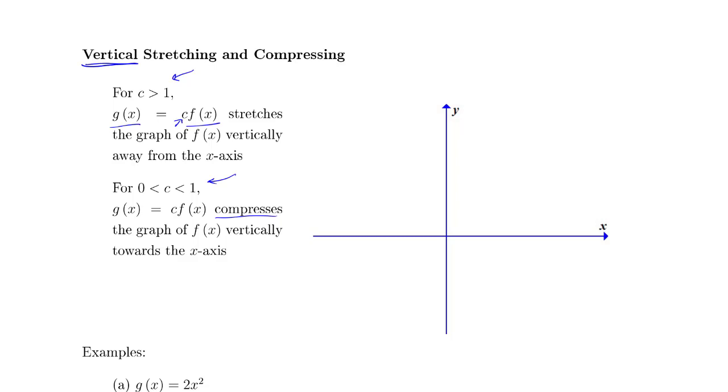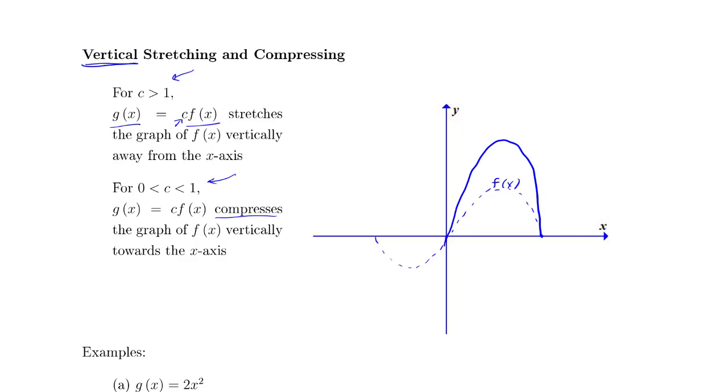So imagine we had a graph of a function that just looked like this. We're just serving it as a picture right now, so it doesn't matter what function it refers to. But this is our original f of x right there. So if we multiply by a c value that's bigger than 1, what it's going to do is actually stretch this thing vertically away from the x-axis. So something like this. It's still anchored at the same points.